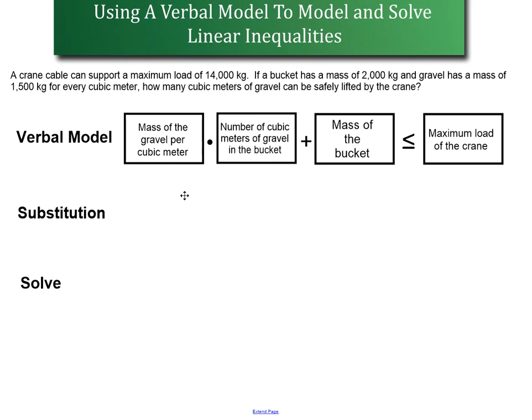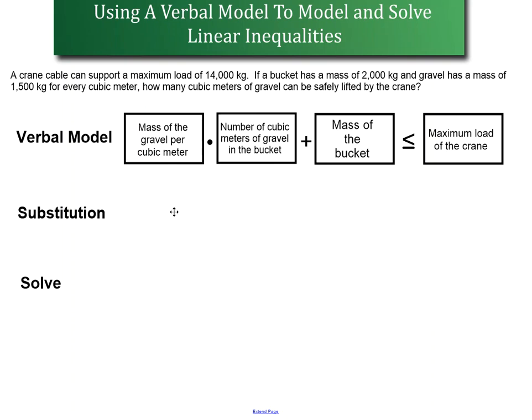Not necessarily, but you could. The maximum allowed amount is 14,000, so equal to 14,000 is okay. Once again, this just involves some extra practice, looking at a bunch of these contextual problems and understanding which is which, and going through a bunch of them, which we'll do in class.